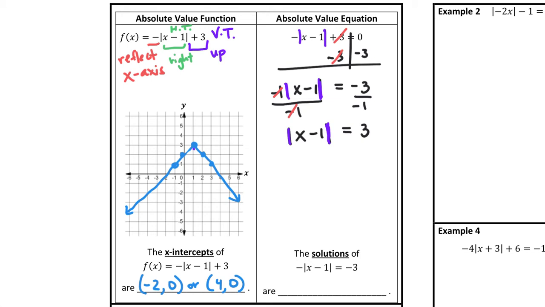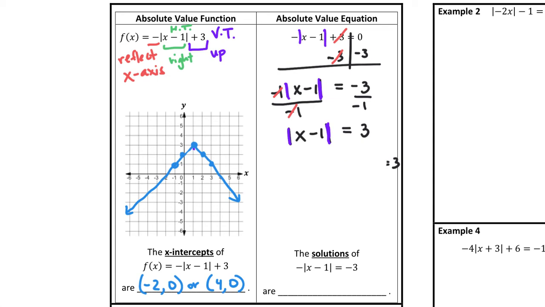We're going to do x minus 1, so we're just copying the expression inside the absolute value, and we're going to put it equal to -3, or x minus 1 equals positive 3. Okay, so it's like I have two equations in one.